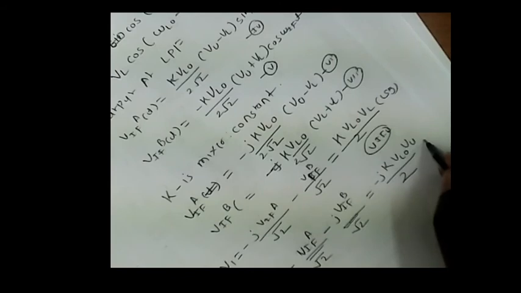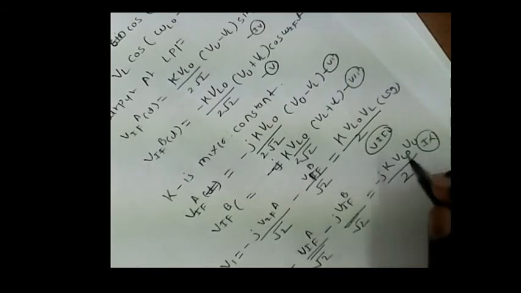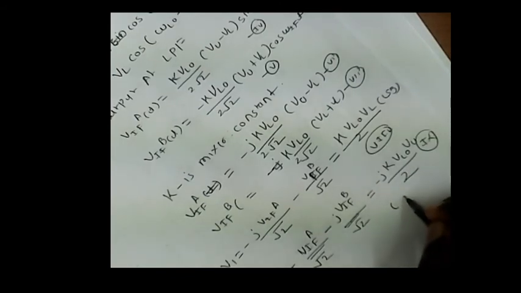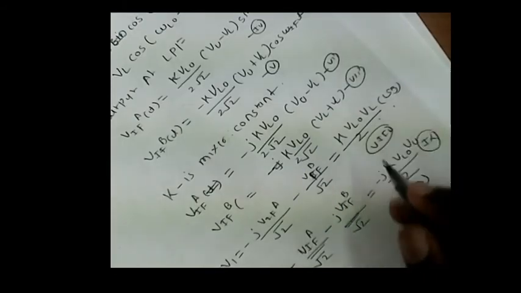So this is equation number 9, which is called USB, and this is called LSB.